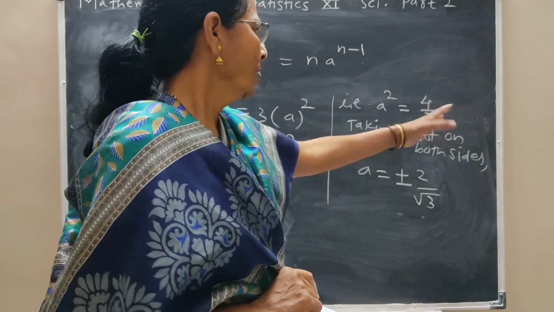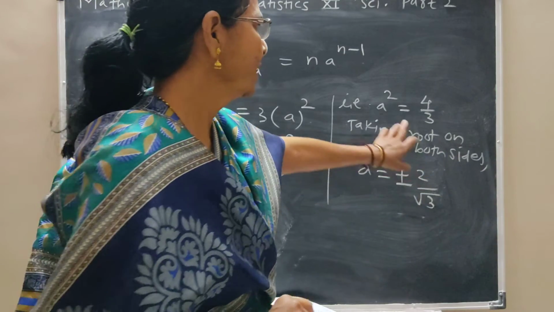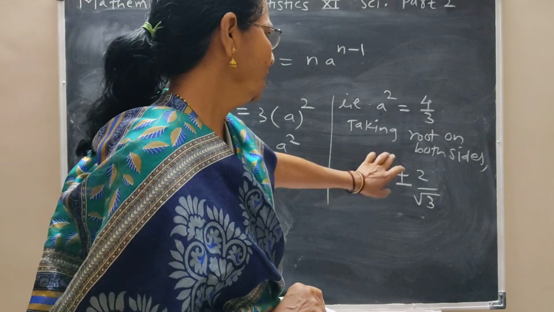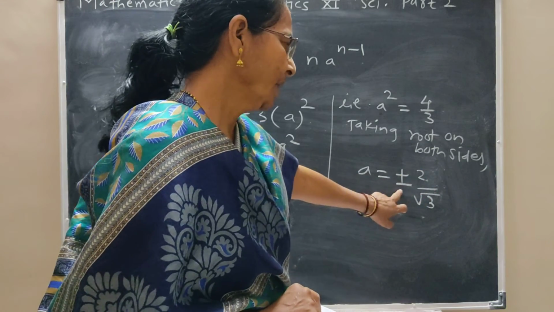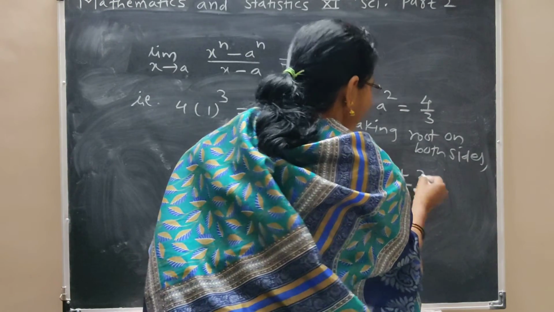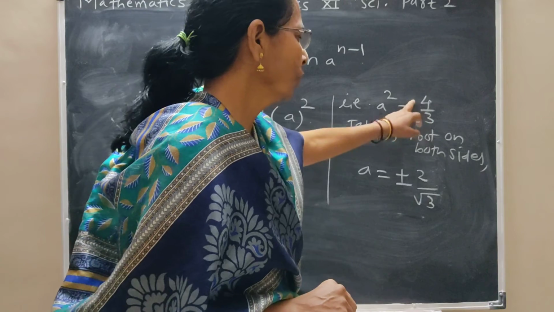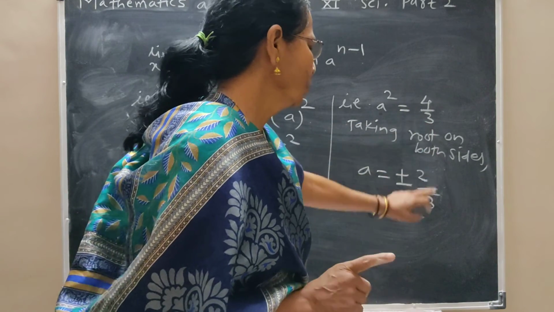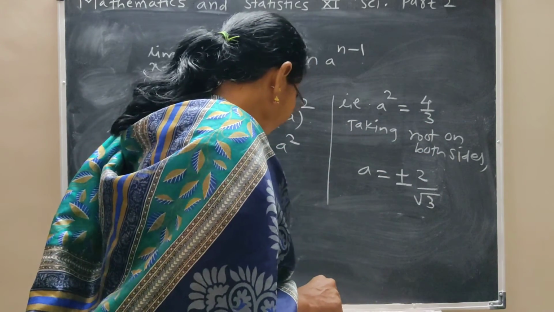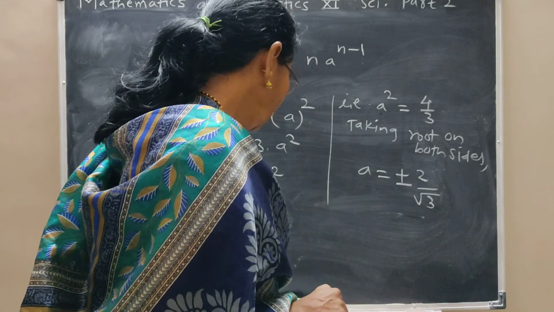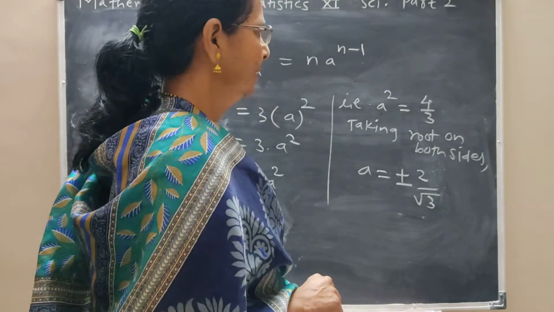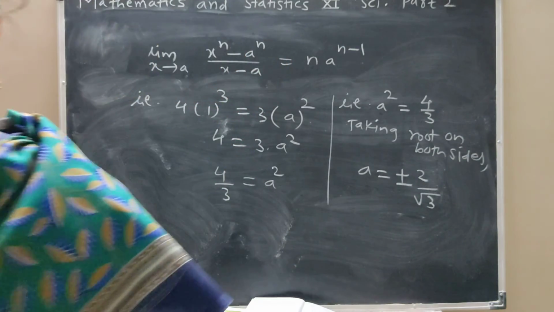A squared is 4 by 3, taking root on both sides, a is equal to plus or minus 2 upon root 3. This is the answer. A is equal to plus or minus 2 upon root 3. Correct answer.